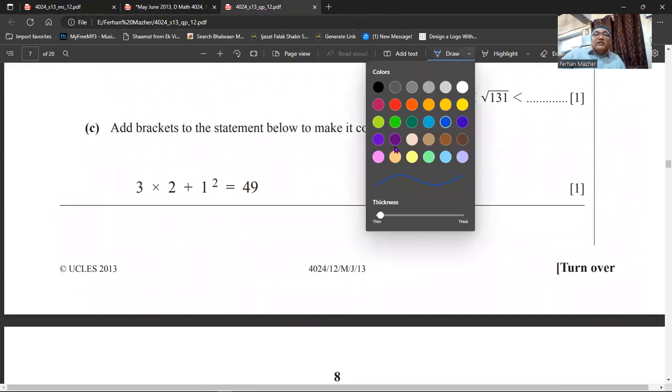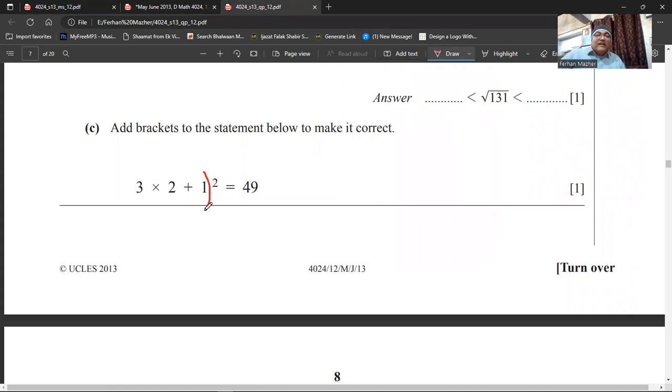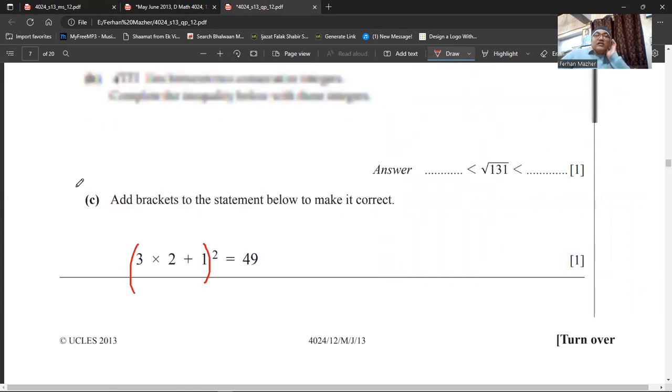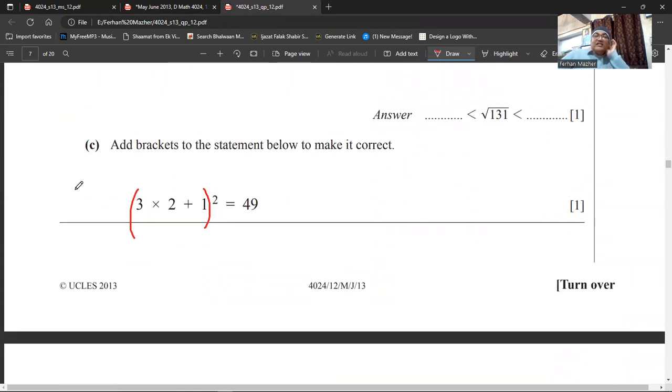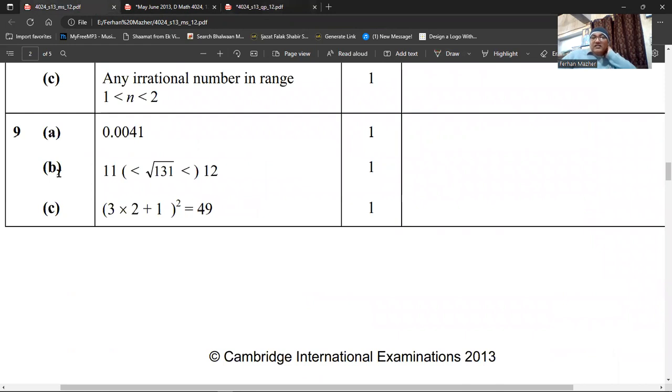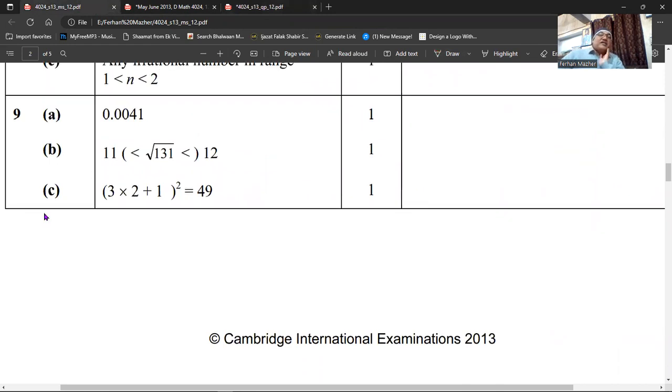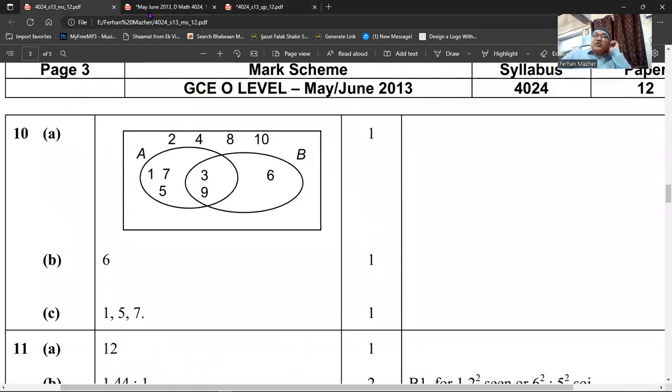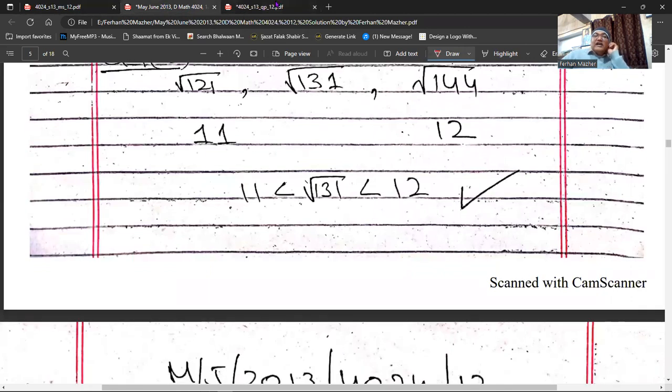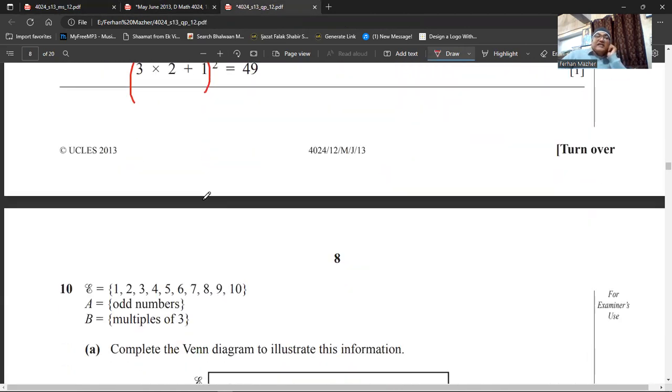So I will put a bracket here and a bracket here. The brackets will be like this. So our answer is right. Okay, this is the solution of 9C part.